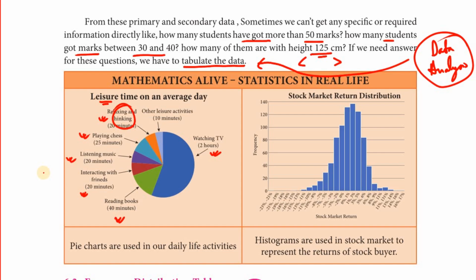Next, stock market return distribution. Okay. So, here we have got both graphical distribution of data. The data originally has been collected, and next it has been graphically shown. Here we are seeing a circle graph, also known as a pie graph, and here is yet another example, which is known as a histogram.